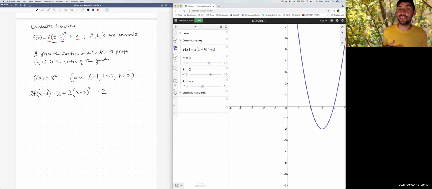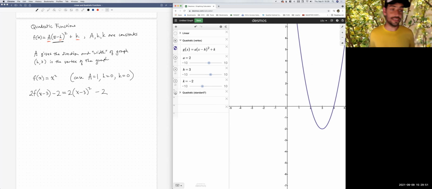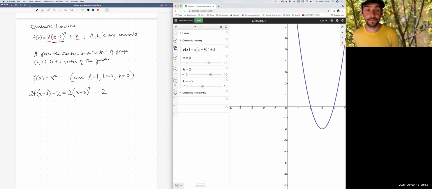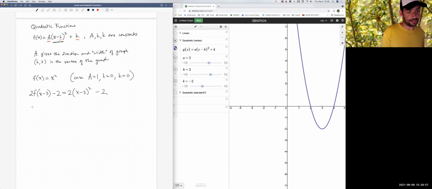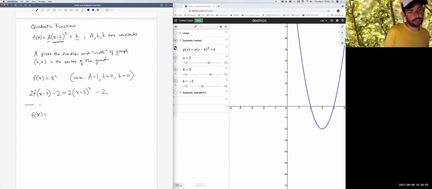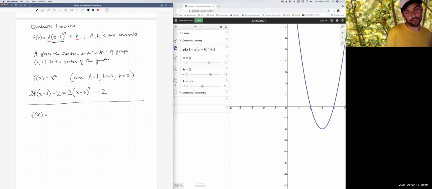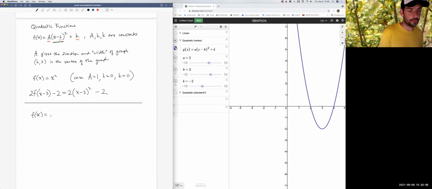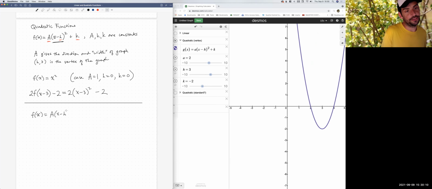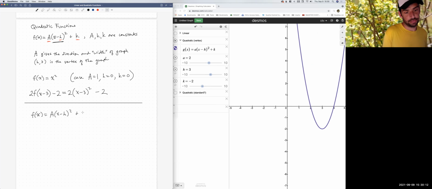It's also the case that we don't always write our quadratic functions this way. We can take this function, f of x. So let's start new. I'm defining f of x as a times x minus h squared plus k.